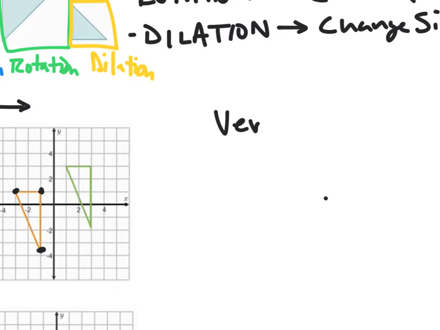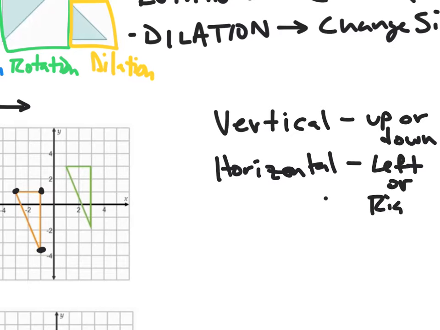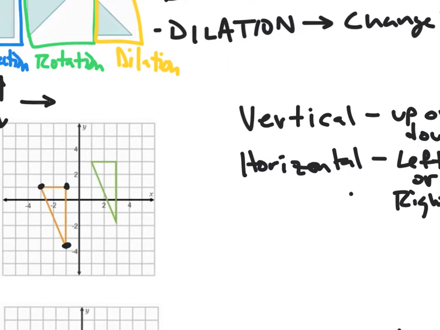Vertical is up or down. Okay, and then horizontal is left or right. So when I use those words, vertical and horizontal, I'll use up or down, left or right, and that's kind of the same idea, okay?